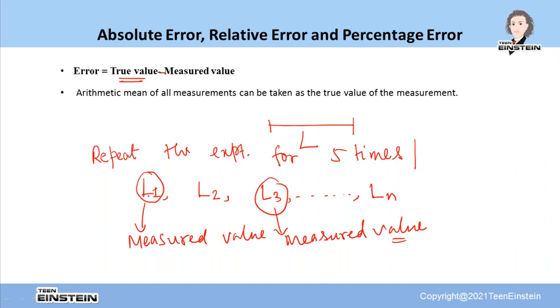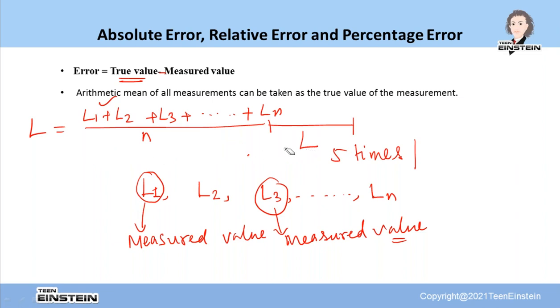The true value is the arithmetic mean of all the measurements. Suppose L is equal to L1 plus L2 plus L3 and so on, up to Ln, if I have done n measurements, and divided by n. This will give you the true value.